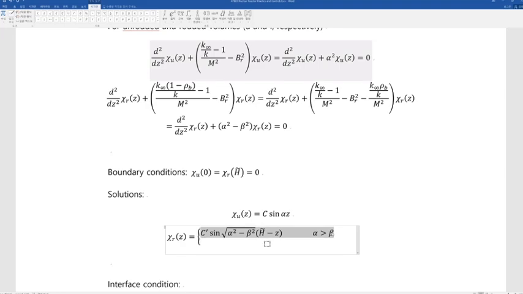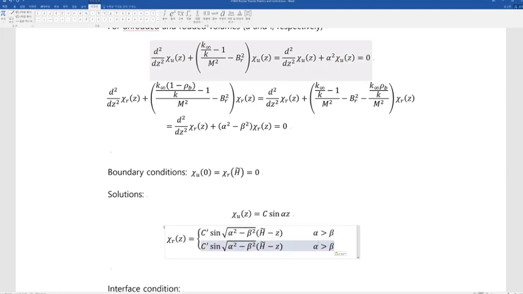What about the case when alpha is smaller than beta? Then we should have a sine hyperbolic function. And I hope you remember what sine hyperbolic and cosine hyperbolic functions are.